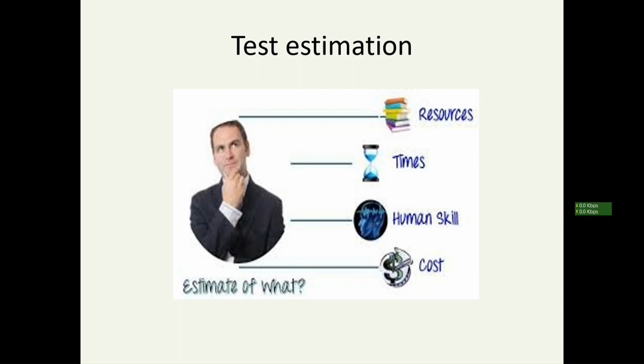Estimation is normally done by very senior, manager-level people. So they sit together. For example, there are some 100 requirements. For 100 requirements, how many modules you should split, how many scenarios will come.